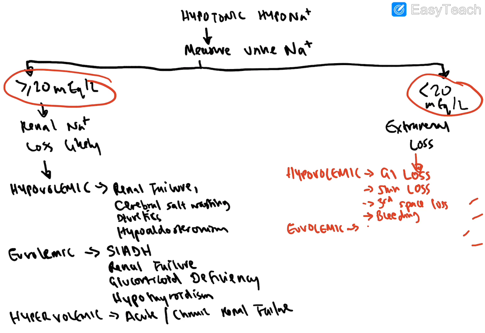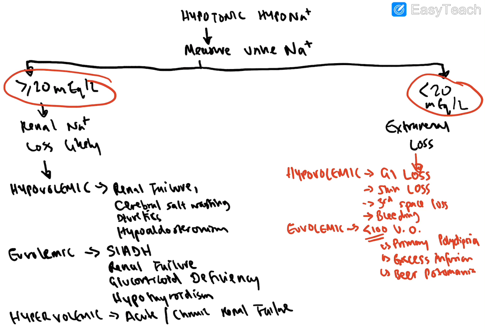If the urine osmolality is less than 100, you're looking at conditions such as primary polydipsia, excess infusion, so excess saline infusion, for example, and this is due to malnutrition, beer potomania syndrome.